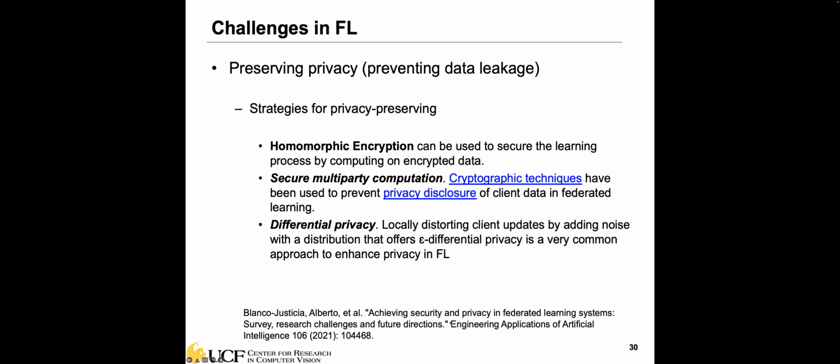I'm not going to go through the details of these methods because they are very complicated and not in the scope of this class, but these are commonly used strategies that can prevent this kind of data leakage, and have been used in a lot of real-world applications when people do distributed or federated learning.